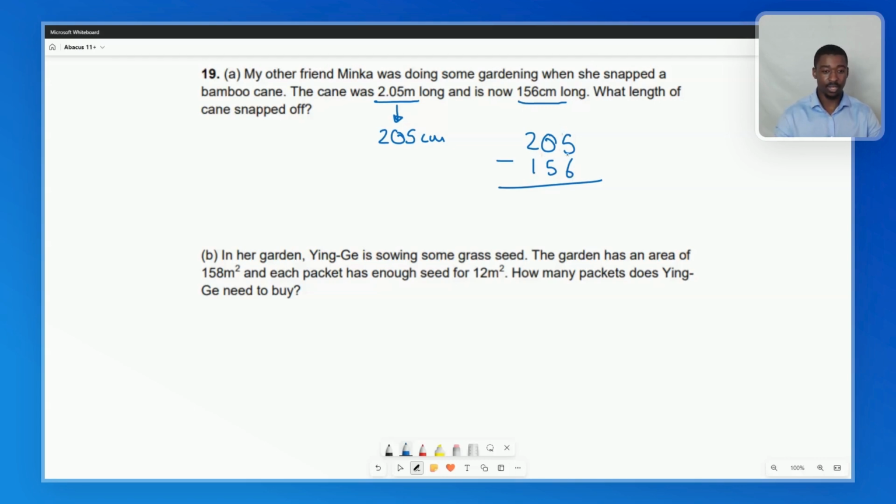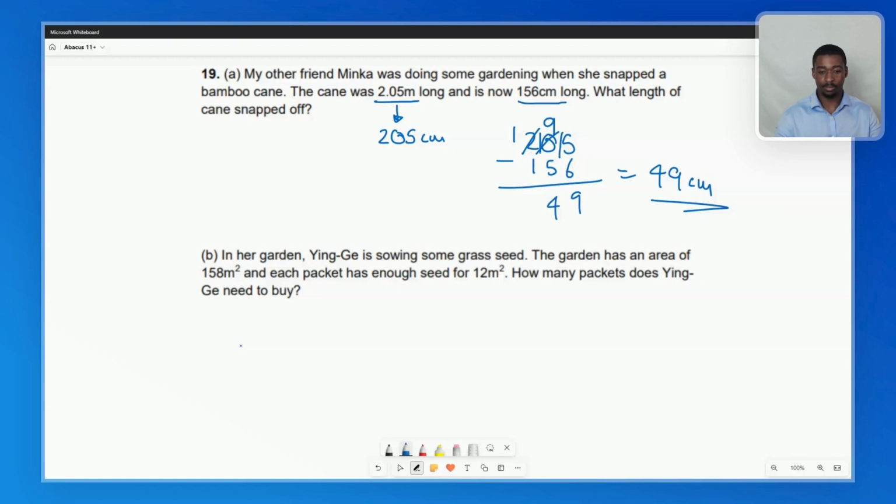Well, we have 5 minus 6, which we can't do, so we take a 10 from the 20, giving us 15 minus 6, which is 9. Then we have 9 minus 5, 4, 1 minus 1 is 0. So 49 centimeters is our answer.